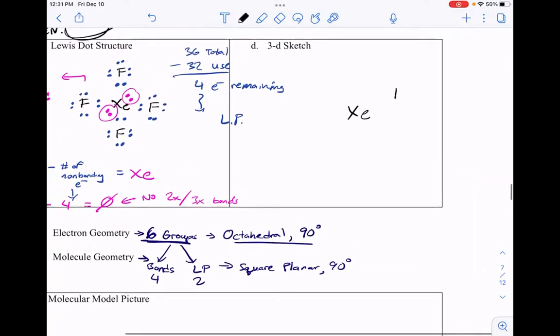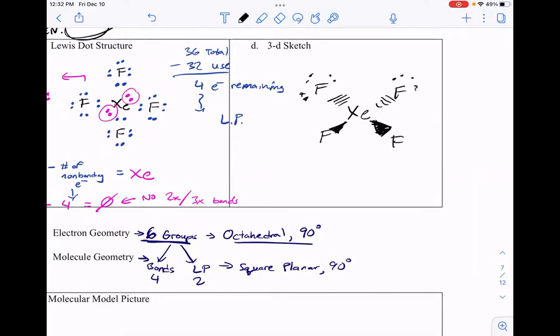And then I have 4 fluorines here. 2 of them are going to be dashed. The other 2 are wedged. And then I'm going to draw in my lone pairs for my surrounding atoms. I'm also going to draw in the 2 lone pairs on xenon.